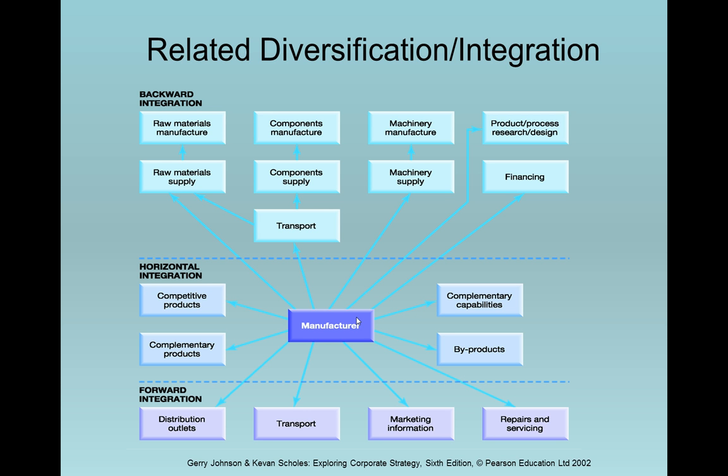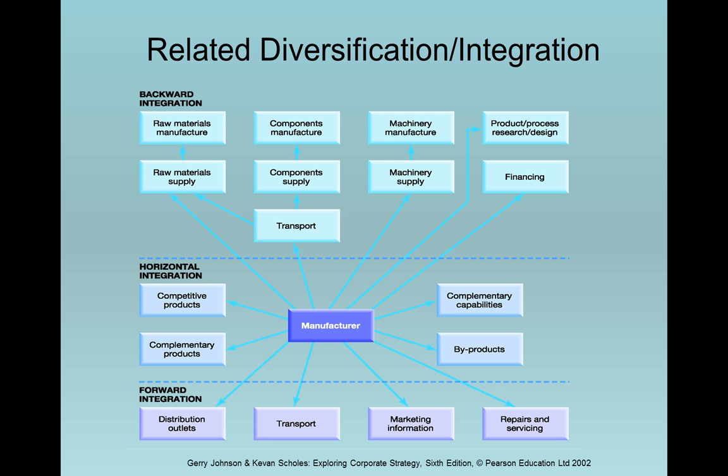So a car manufacturer in the middle of this diagram may buy competitors. For a time we saw some of the big car manufacturers like Ford and General Motors buying up other car manufacturers smaller than themselves and in slightly different strategic groups. That was a form of horizontal integration, as they managed to build a capability to compete across the whole car industry or car market.